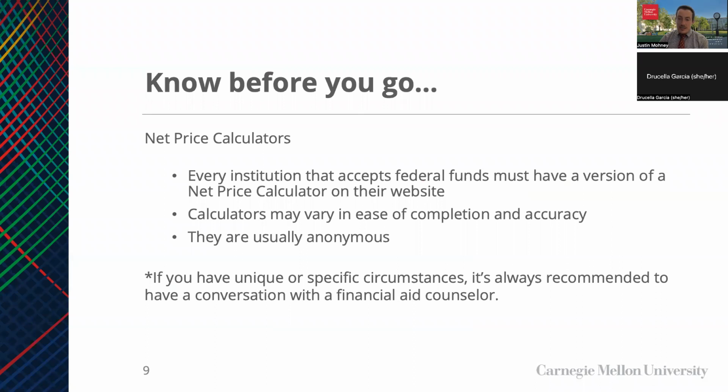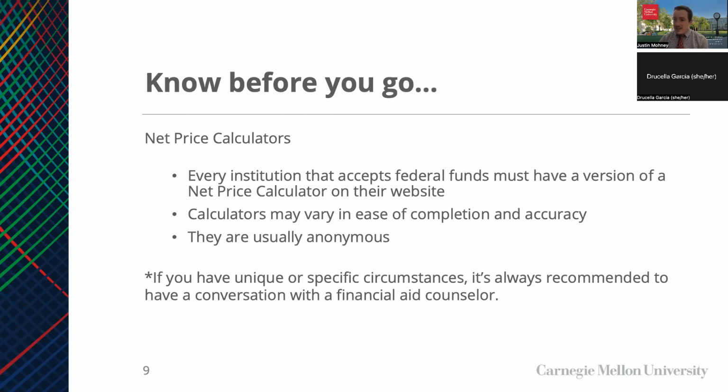Most are anonymous and will not require you to provide personal information to the college or university. But many do give you the option of receiving a report emailed to you at the end of the process that will show your inputs and the estimate so that you can share this with a financial aid advisor at the college or university to have more of a conversation and understanding your eligibility.